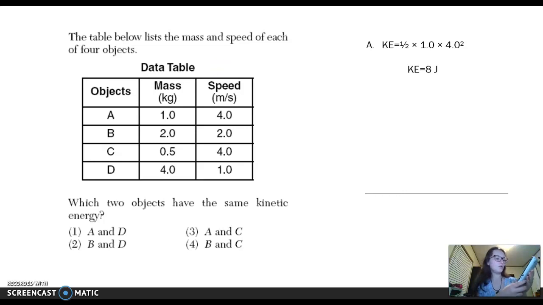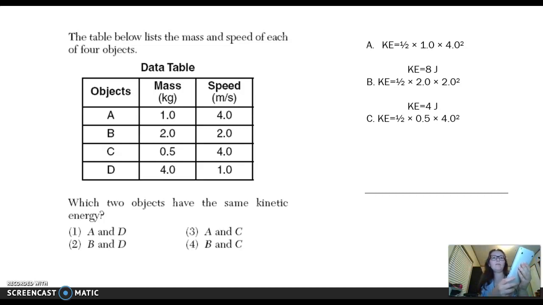So for B, we're going to do the same thing. 1/2 times 2 times 2 squared. Should be 4. The next one, 1/2 times 0.5 times 4 squared. Don't forget that squared. Another 4.